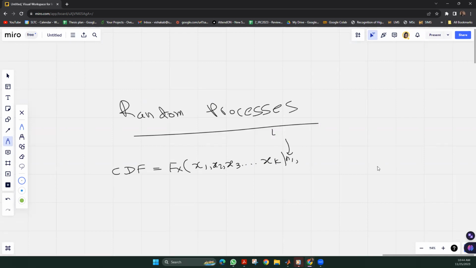This is a time value, or it can be another sample index value. So the CDF function we will consider is under these time instances n1, n2, n3 up to nk.